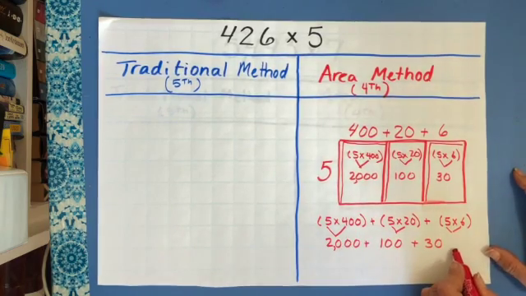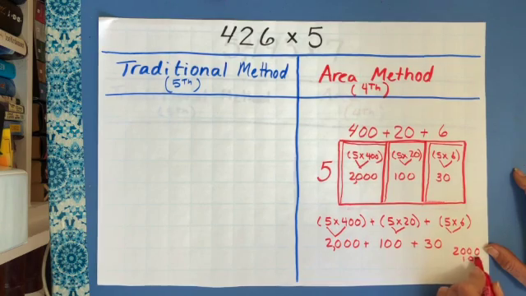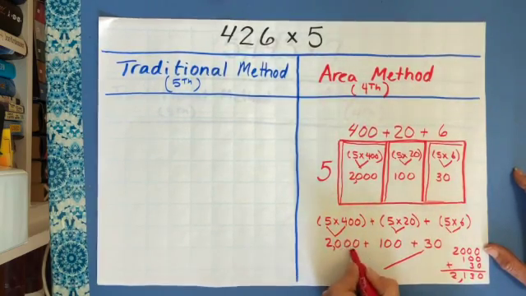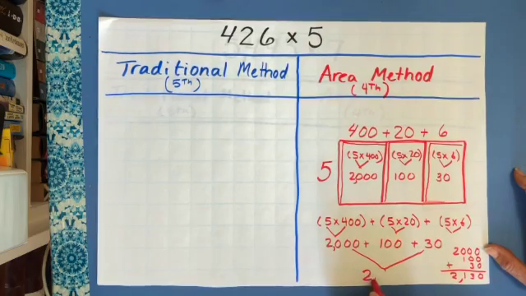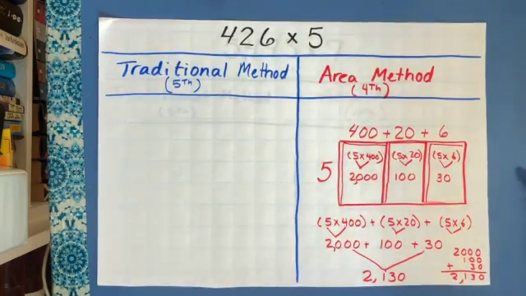And then I'd add those up. I like to write it up and down. So 2,000 plus 100 plus 30, all this is equal to 2,130. Now I'm going to do it the traditional way.